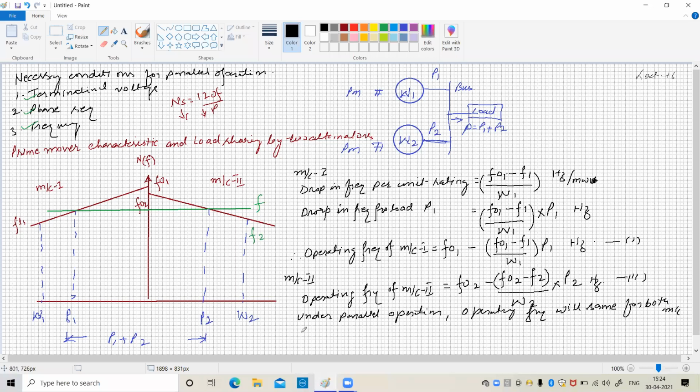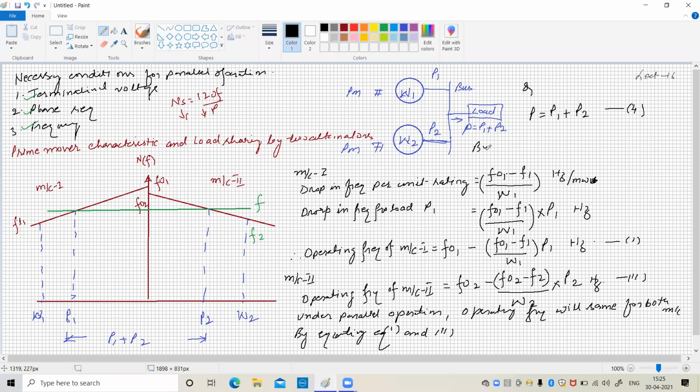So by equating equation number 1 and 2, we get equation number 3. And P is equal to P1 plus P2 is equation number 4.